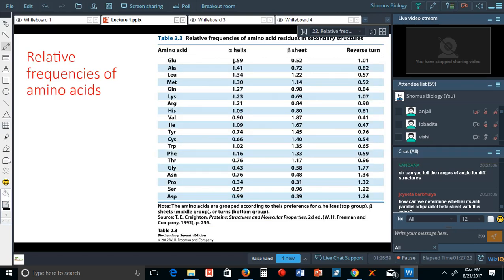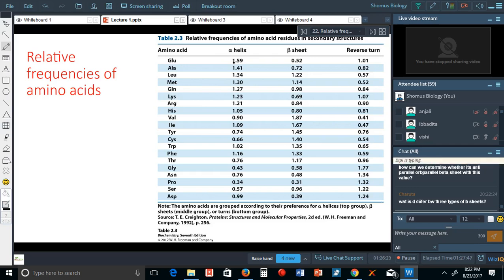And this will become more clear with the data that I'm showing you, because formation of alpha helix and beta sheet is not only about knowing the values of phi and psi angle. It's also very important to know the relative frequency of amino acids in different structures.